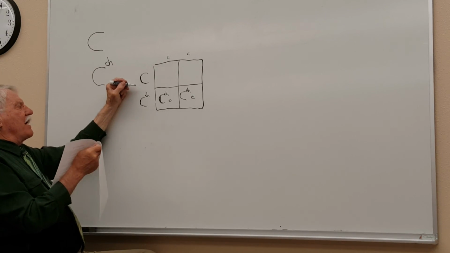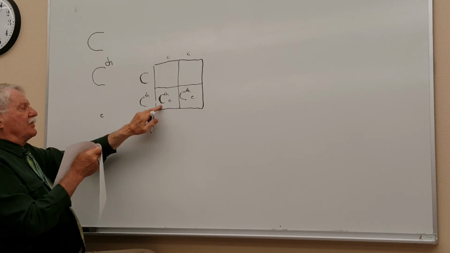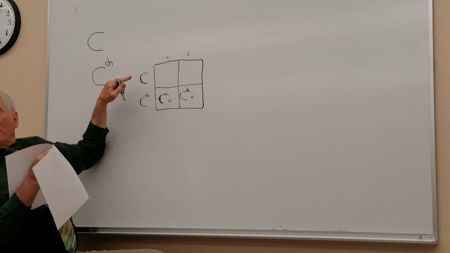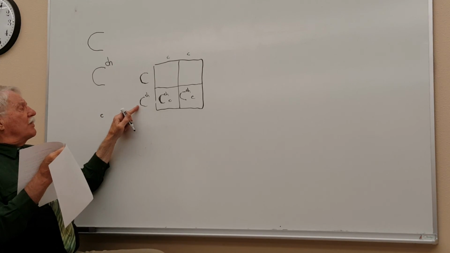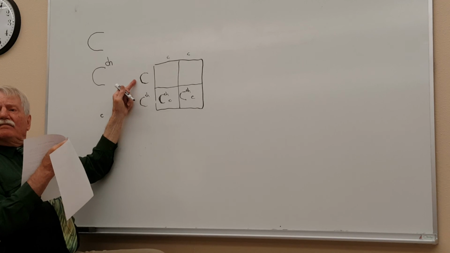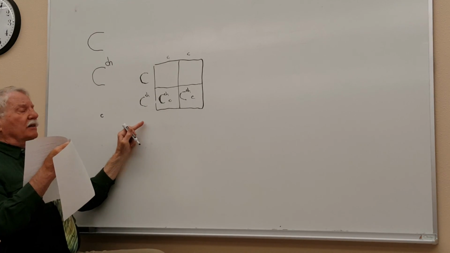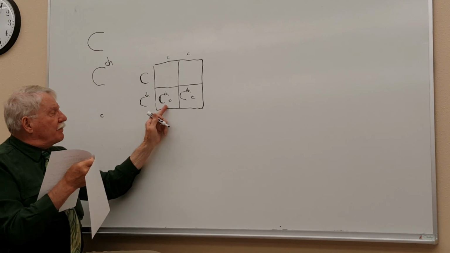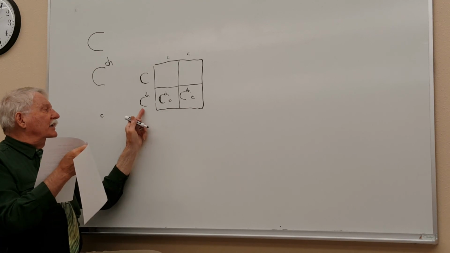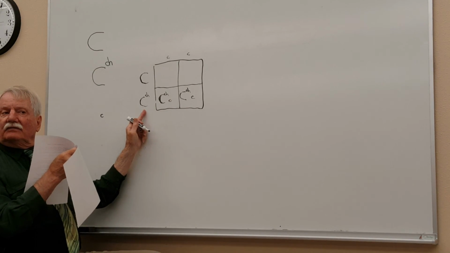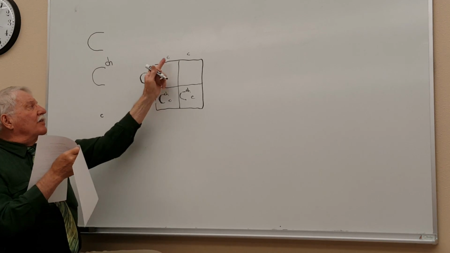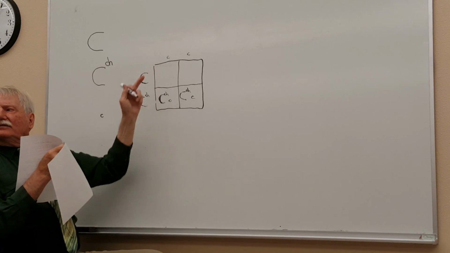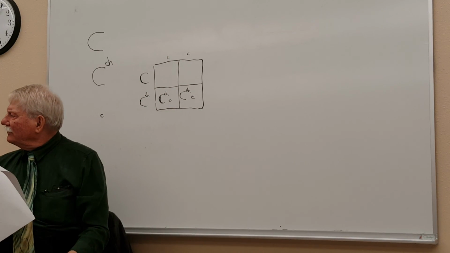Okay, so the fact that you got chinchilla offspring told me that the other allele had to be that one for this parent, because this dominates over both of them. So this one could have been the same as that, it could have been this one, or it could have been a little c, and you still get a full colored rabbit. But by telling us that 50% of the offspring were chinchilla, they told us that chinchilla had to be in here somewhere. So these are the genotypes of the parents. One parent is that and the other parent is that. Get the gist of that? Okay.